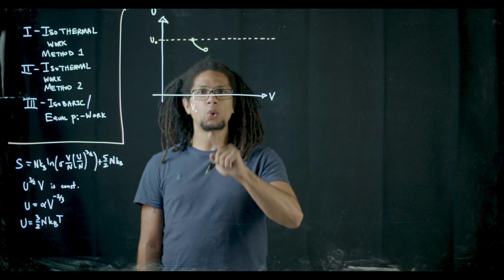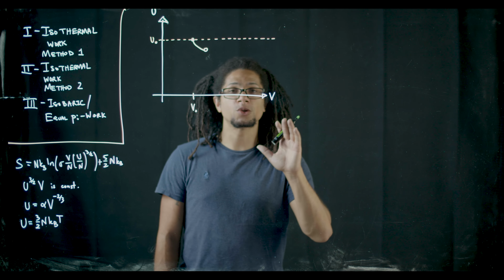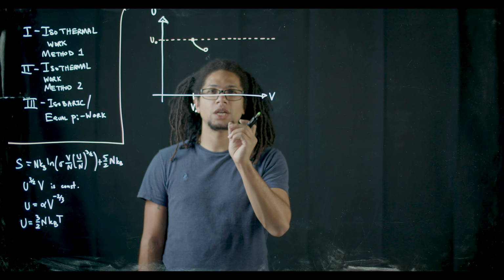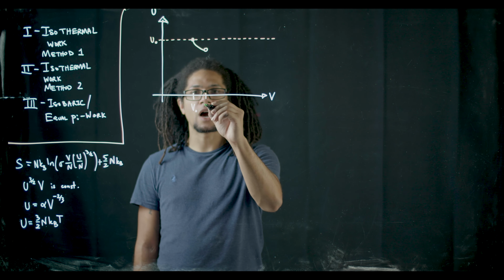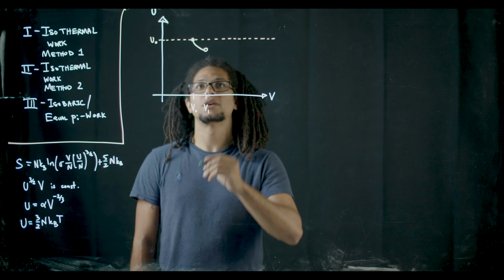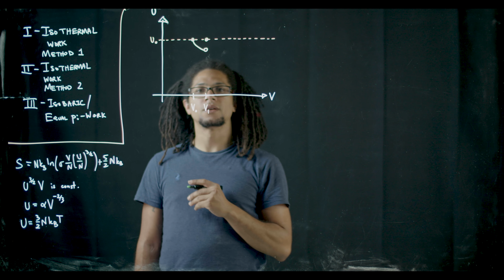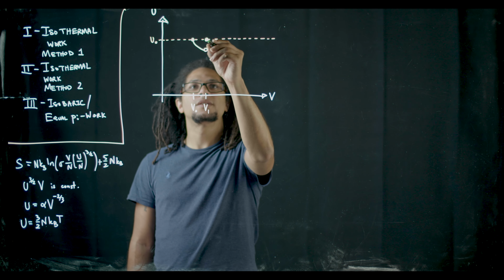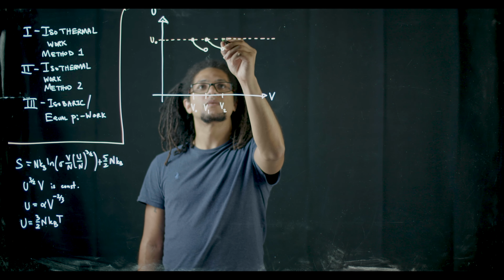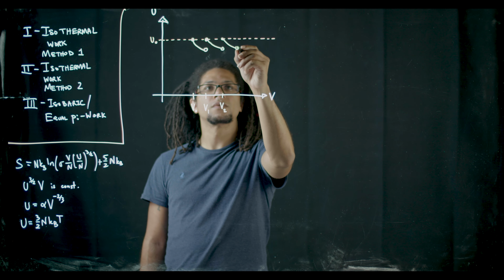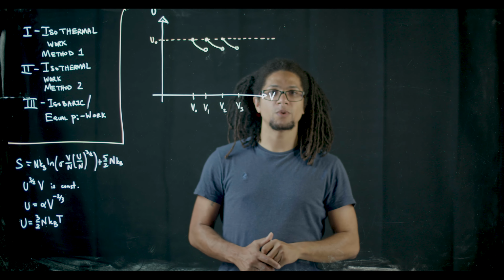Next, I'm going to rejoin my system with the reservoir. Notice that a thermal join of this kind will not change the volume, so we'll stay along this vertical line, which maybe I'll call V1. But we'll jump back up to U0. Now we can do this process again, and we can go on like that as far as we want.